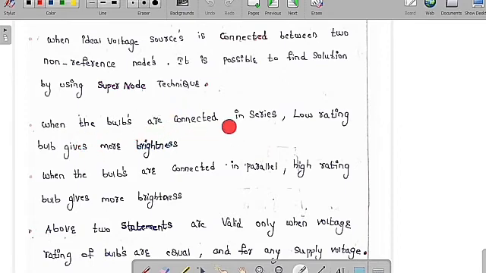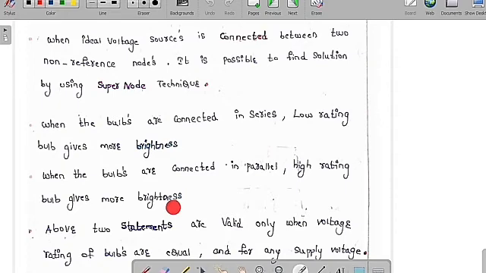When bulbs are connected in series, the lower rating bulb will give more brightness. It's a very important point. Whenever two bulbs are connected in series, always the lower rating bulb will give the higher brightness.